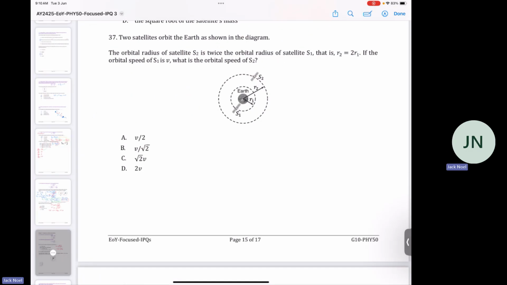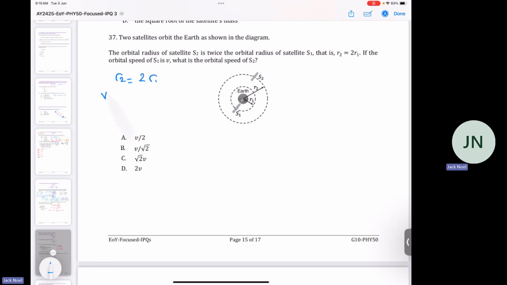Then two satellites orbit the Earth, as shown in the diagram. The orbital radius of the satellite S2 is twice, so let's write down here that R2 equals 2R1.